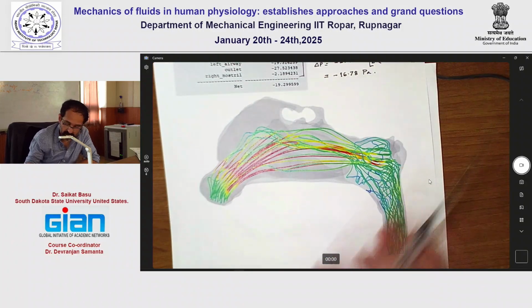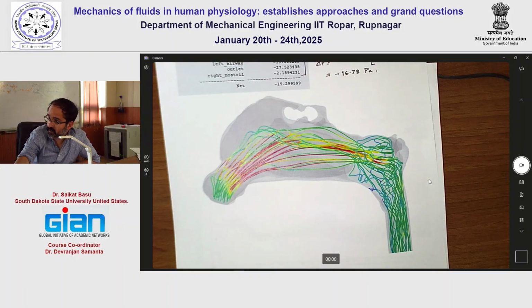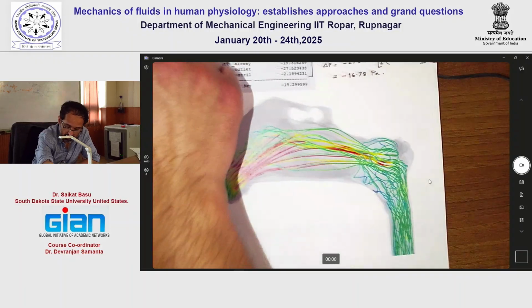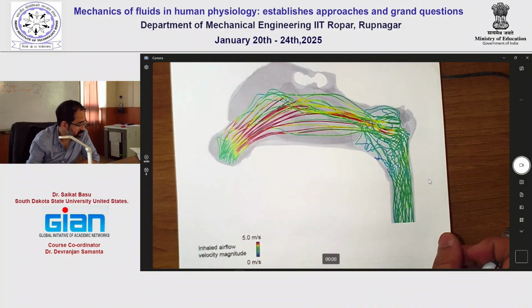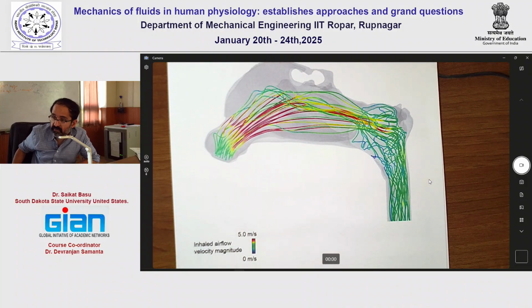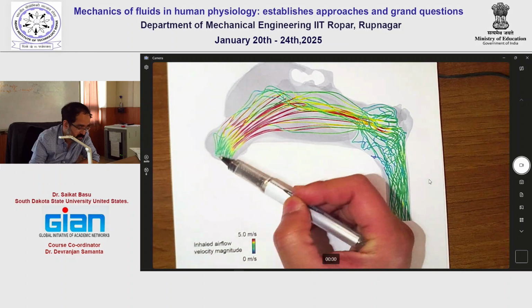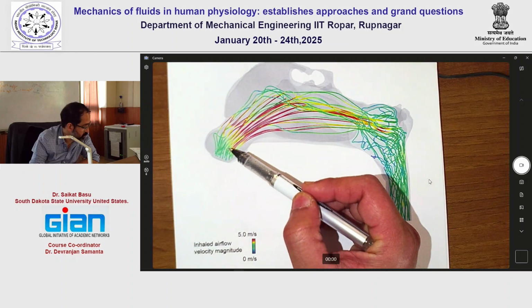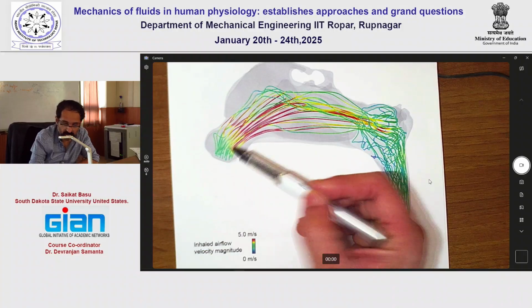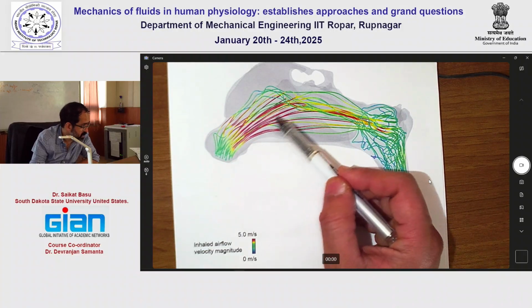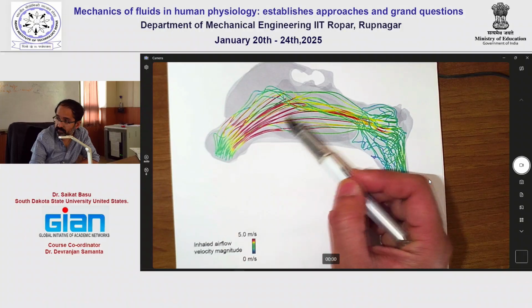Now, these are some streamlines from the same simulation, not from the wrong simulation, but from this simulation that you have saved. The things to note could be connected back to what we had studied for the first few days. So look at what the velocity magnitudes are. The range is 0 to 5 meters per second. It starts out very close to 0, on the order of 1 meter per second, let's assume, and the maximum it gets is 5 meters per second.